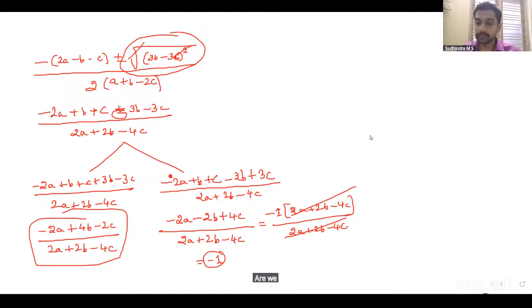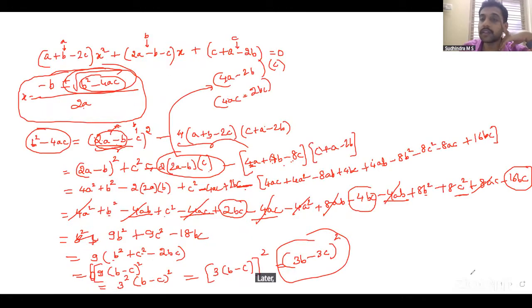Are we clear? Yes. Write this down. Later, we will also discuss an easier way of solving this. Is anyone still writing? Yes, sir. So what is the first one after cancellation? Before 9b, after square cancellation. No, this I scratched.